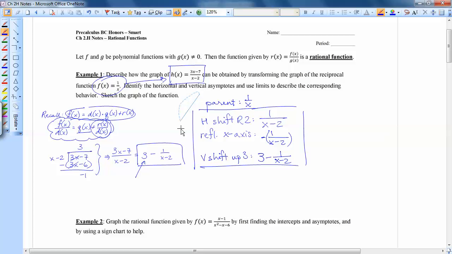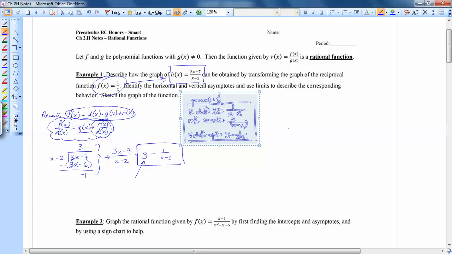So these are my transformations here. Okay, so let me shrink this down a little bit. All right, let's talk about horizontal and vertical asymptotes. So the horizontal asymptote, if I was just looking at 1 over x, which is the one that looks like this, has a horizontal asymptote at 0, and it has a vertical asymptote at 0.